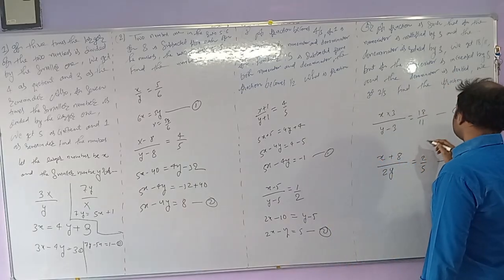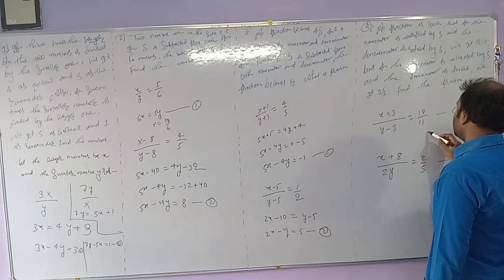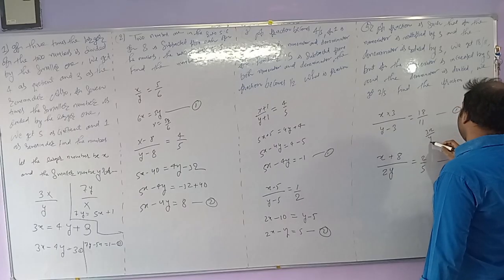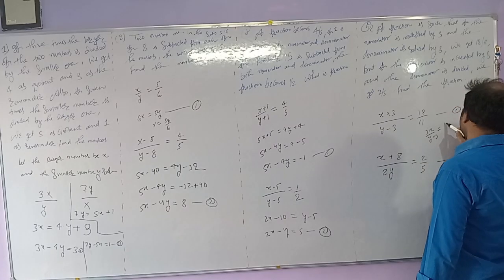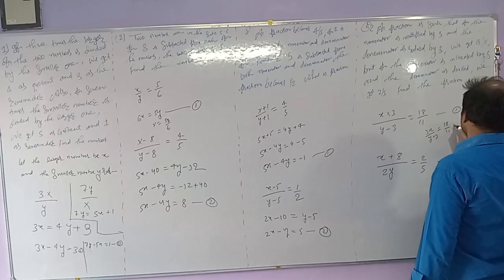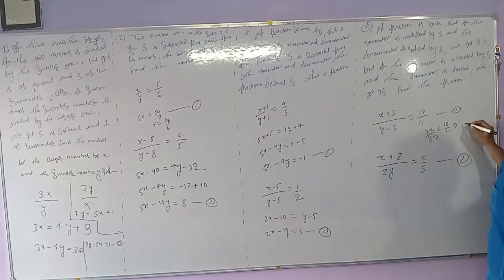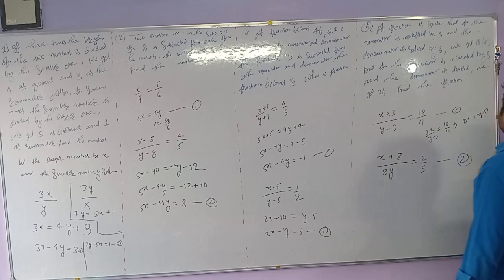Basically, it becomes 3x minus y minus 2, 18 minus 3x, and another 33x, 18y minus 53.